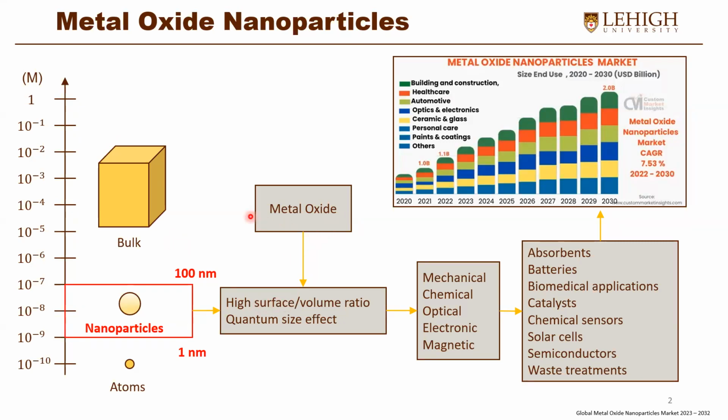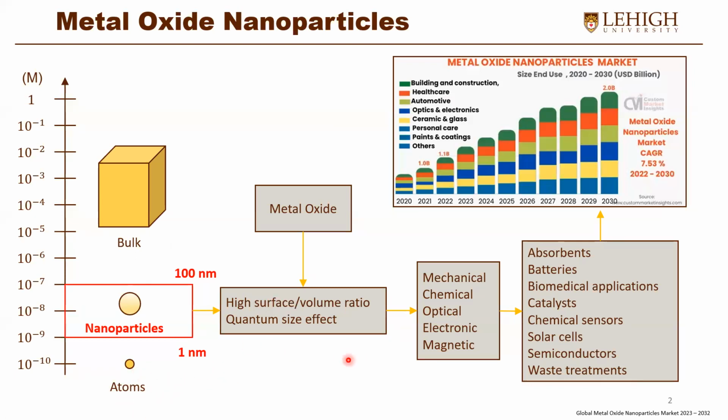Besides, metal oxides are semiconductor materials, so they cause the quantum confinement effect. The quantum confinement effect means the bulk material's continuous energy band can become discontinuous energy states. The energy states show properties more like atoms.